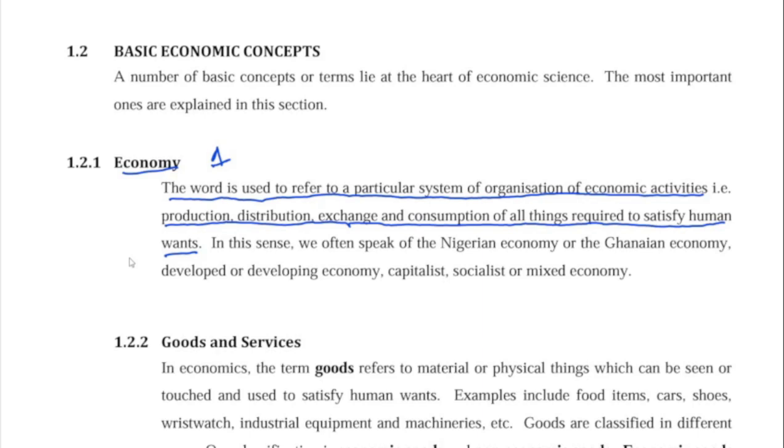And when I say produce, I'm not talking about farming, I'm talking of producing something. There must be a production before distribution and consumption. Three levels. So either you go and work, or you have a business that is producing something, or there's a way you are earning money. That money that you are earning is still regarded as production, because that income is what is now going to be distributed.